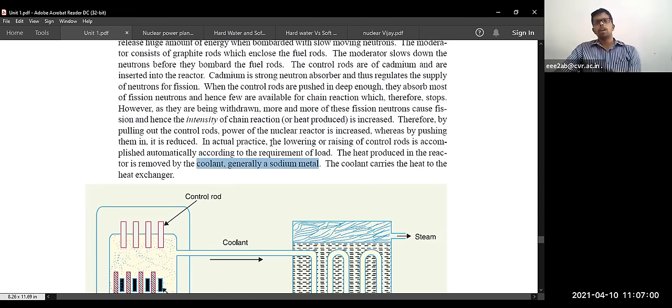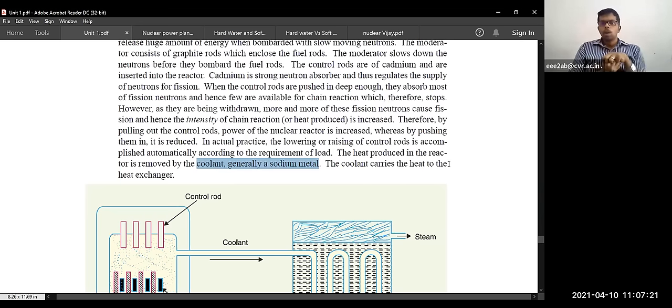In actual practice, lowering or raising of control rods is accomplished automatically according to the requirement of the load. Based on the load demand, it is automatic, that is feedback. Feedback is given from the bus to the control rods.